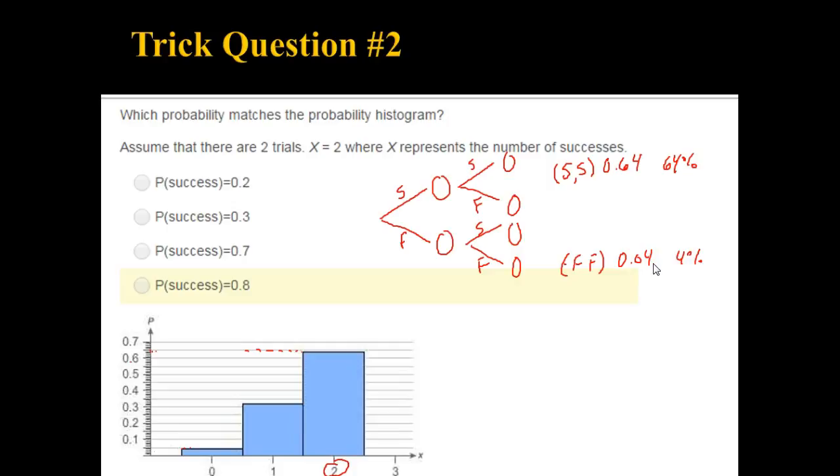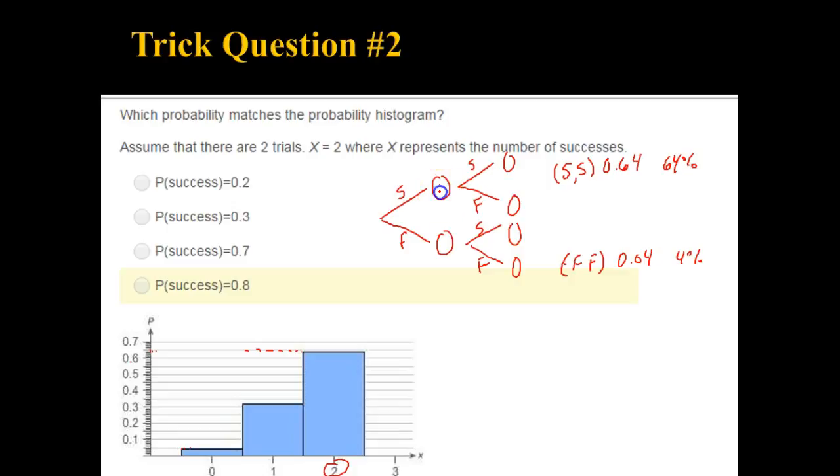Well, what percent times itself equals 0.04? And hopefully you figured this out by now. 64 is 8 times 8, so it's 8%. It's not 8%, it's 80%.